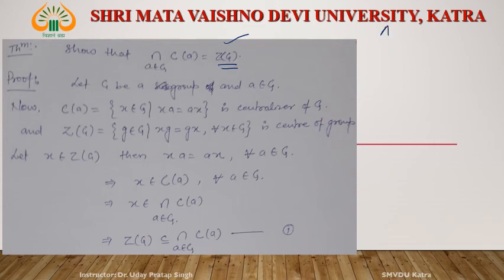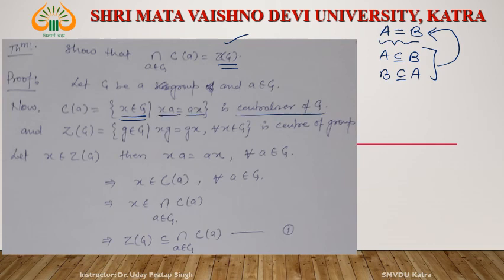We know that to show two sets A and B are equal, we have to show that A is a subset of B and B is a subset of A. Now see, what is CA? CA is all the elements of G which commute with A. What is ZG? All elements of G which commute with every element of G, that is the center of the group. We have to show that these two are equal.